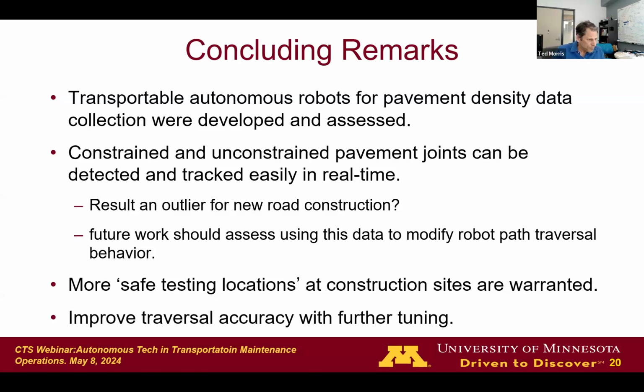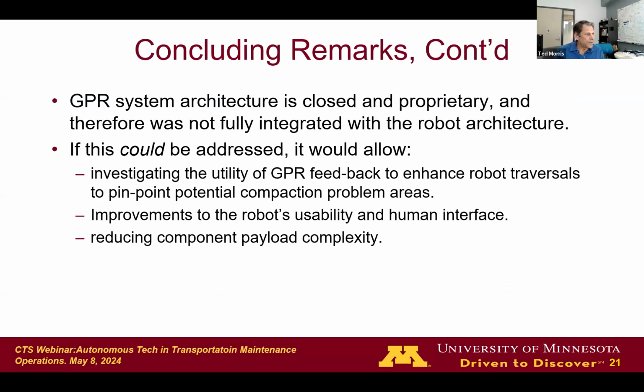And of course, to continue to improve the traversal accuracy with further tuning. There are a lot of different parameters the operator can play with, though. Our report suggested one set, but of course you can do other experiments with other parameters.